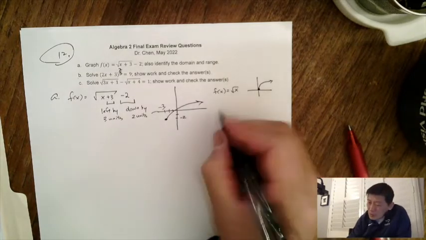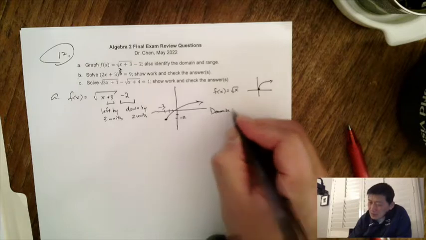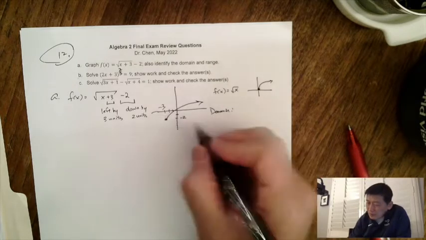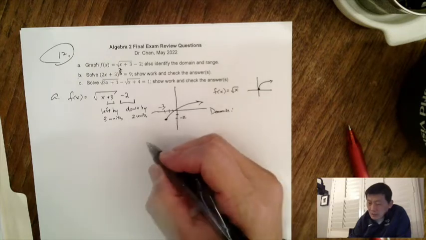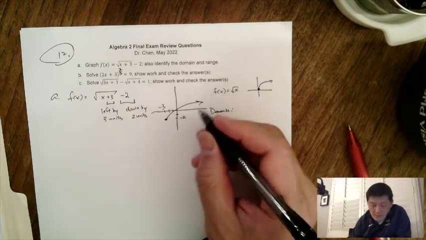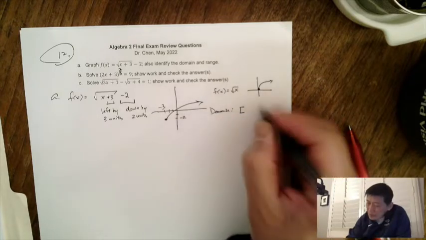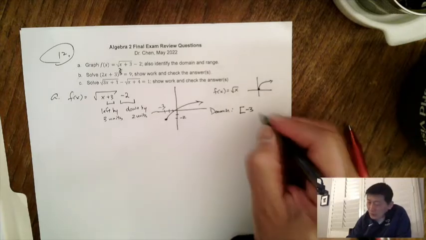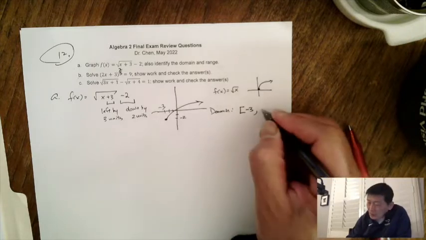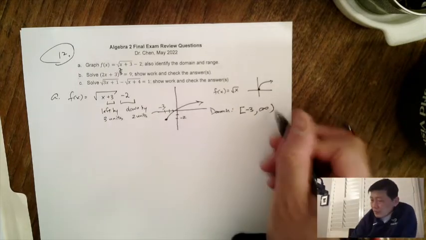So the domain is very simple. There's nothing past negative 3, but it does include negative 3. So your domain is negative 3 bracket, which means it's equal to negative 3, and then goes all the way to infinity, parenthesis, because infinity is not the destination.